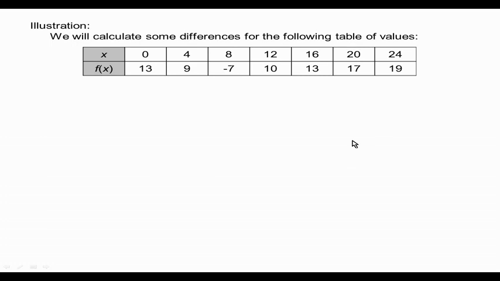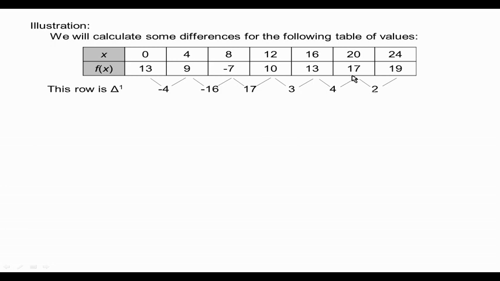So I am able to start calculating some first differences. So this row is delta 1. These are the first differences. These little lines just let me know which values I used. Remember, it's right minus left. 9 minus 13 is negative 4. Negative 7 minus 9 is negative 16. 10 minus negative 7 is 17. 13 minus 10 is 3. 17 minus 13 is 4.